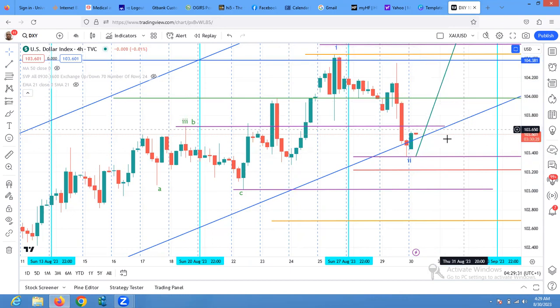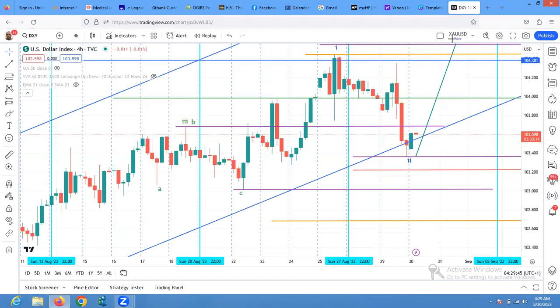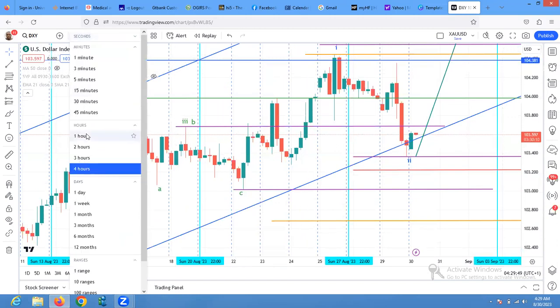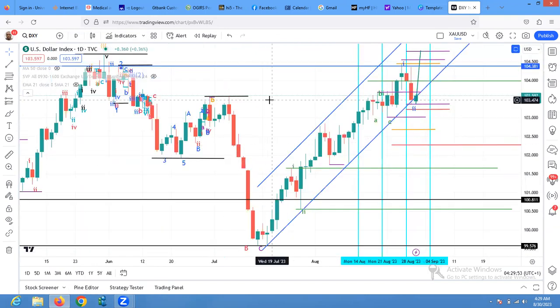So if that is what we expect, at least price should get here. To say at least we're in wave 3, price should get here. And if you look at what that is on the higher time frame, let's look at the daily, we are still not close to where we want to relinquish.